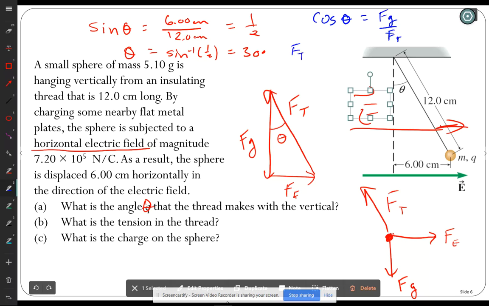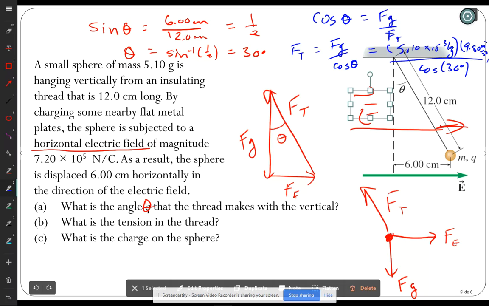Therefore, the force of tension is equal to the force of gravity over cosine theta. And so then I have to actually do some math. That's going to be equal to 5.10 times 10 to the minus 3 kilograms. Remember, units are important. Times 9.80 meters per second squared divided by cosine of 30 degrees.